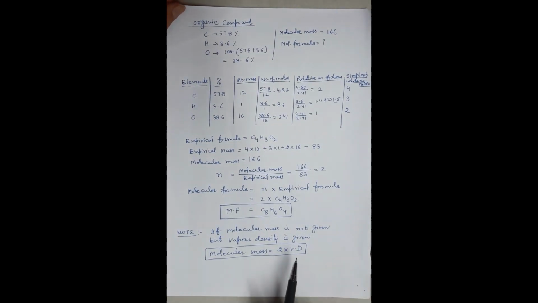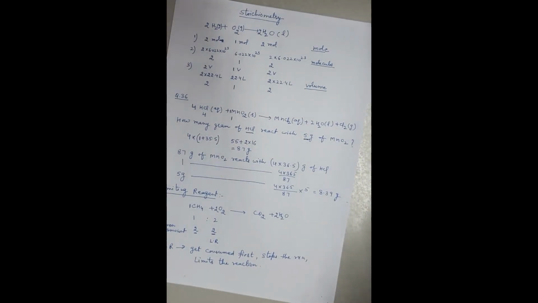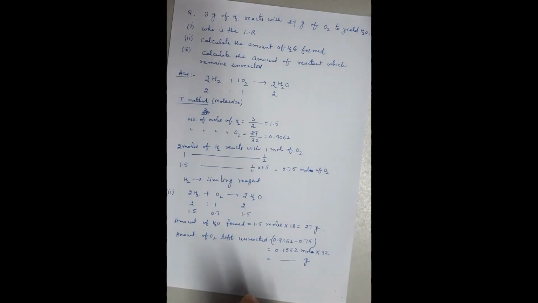You should also know if vapor density is given, how will you find out molecular mass and molecular formula. And then we have done limiting stoichiometry, and then limiting reagent. Practice enough, do all the questions related to this from the NCERT exercise as well as other extra questions also. Thank you, beta.